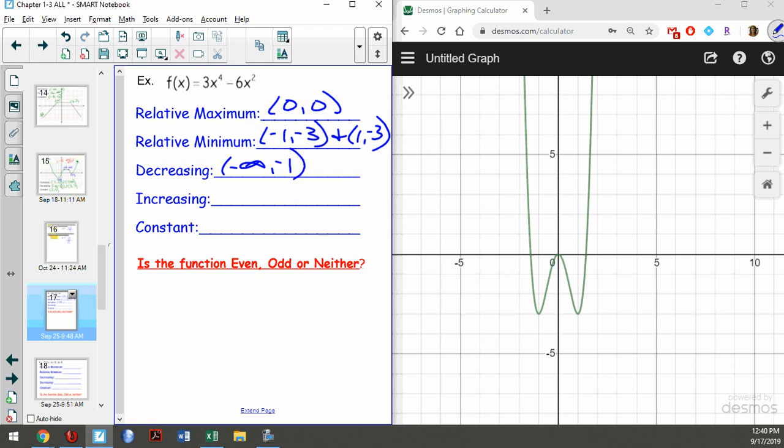What happens at -1? I start to increase at -1, and then what happens? It stops increasing at 0, and then what happens at 0? I put a U and it starts decreasing at 0 until when? At +1, and then what happens at +1?